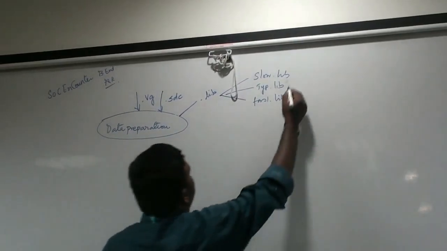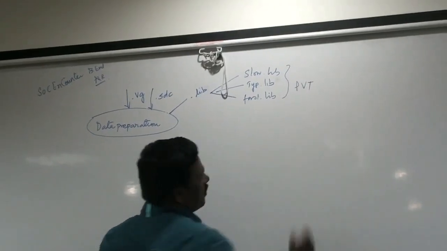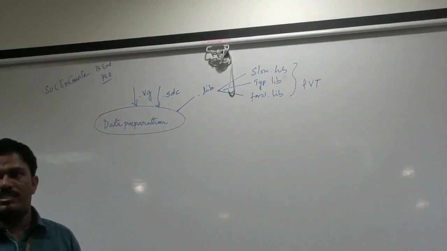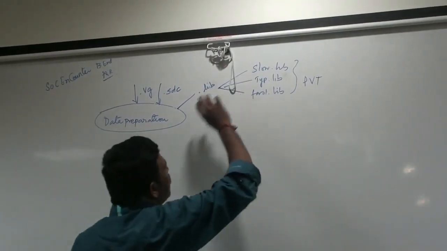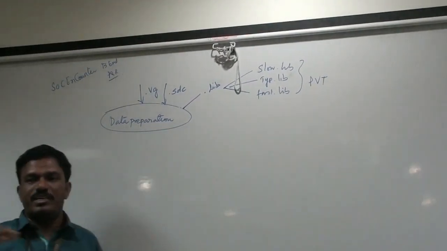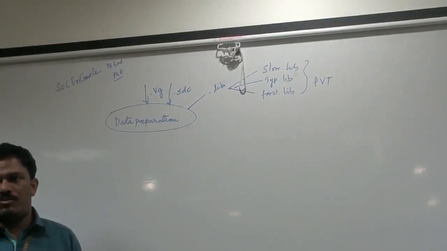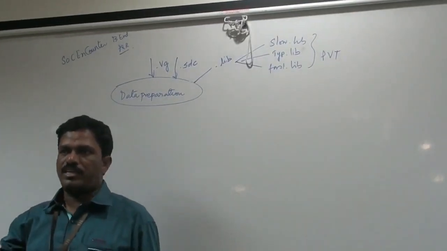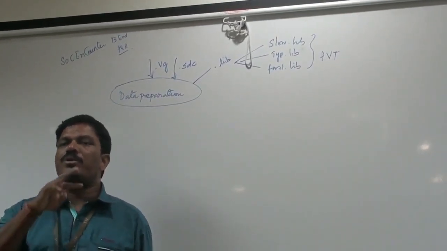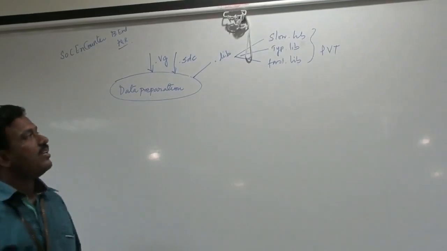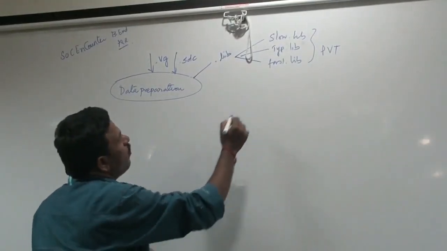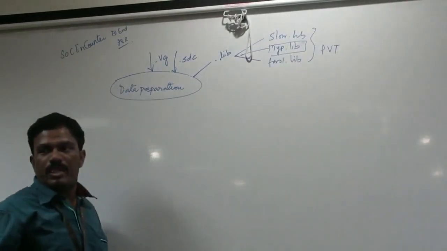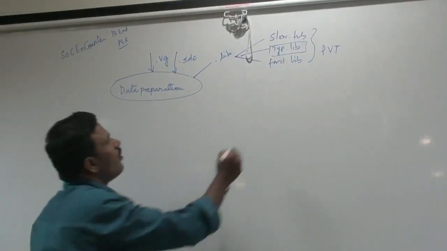These libs are generated with different PVTs, process, voltage and temperature, right? With the different PVTs, each and every lib will have the same contents, the same components. Slow lib will have a number of components, fast will have a number of components, right? But the components are the same, only the PVTs are different. Okay? So considering all this, if you are going for a backend, you can either go for slow or fast as a setup, or you can go for only typical.